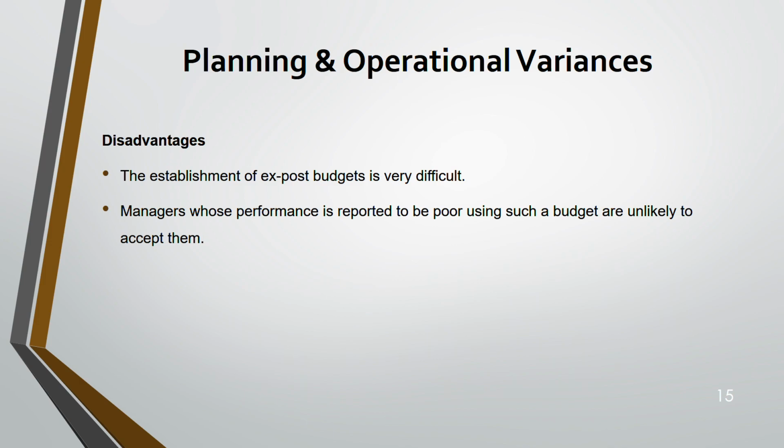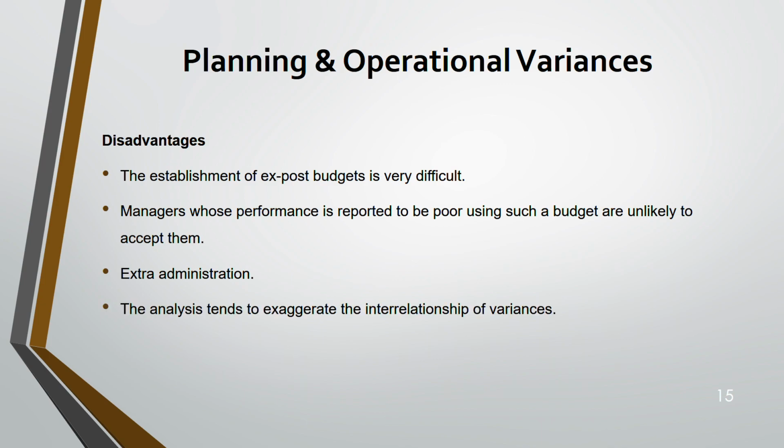And managers whose performance is reported to be poor using a budget are unlikely to accept this new budget. It is extra administration work also. And the analysis tends to exaggerate the relationships of variances. It tries to show more importance that variances are interrelated.